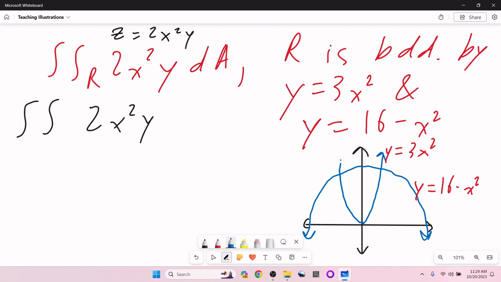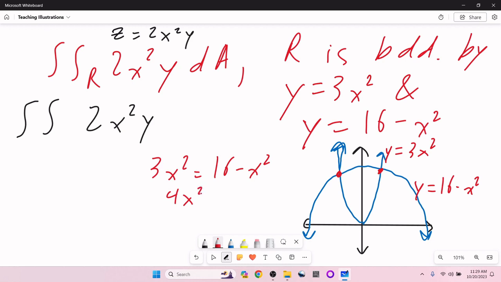Put that back. That's like that. Okay, so I think a good start would be to figure out what the intersections here are. So let's set these two functions equal. 3x squared equals 16 minus x squared.